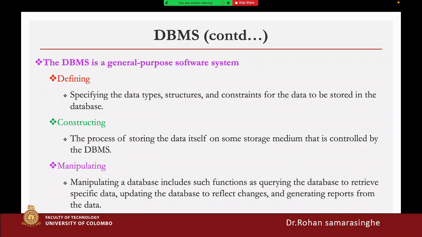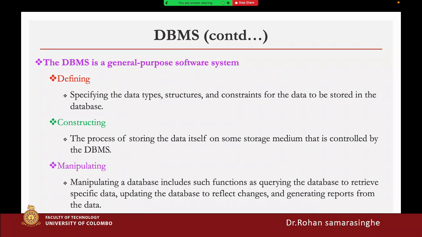Also you can manipulate. For example, consider a sales database. If many items were sold in a certain month and you want to get the grand total, you can multiply these things and get the summation in order to get the total sales.